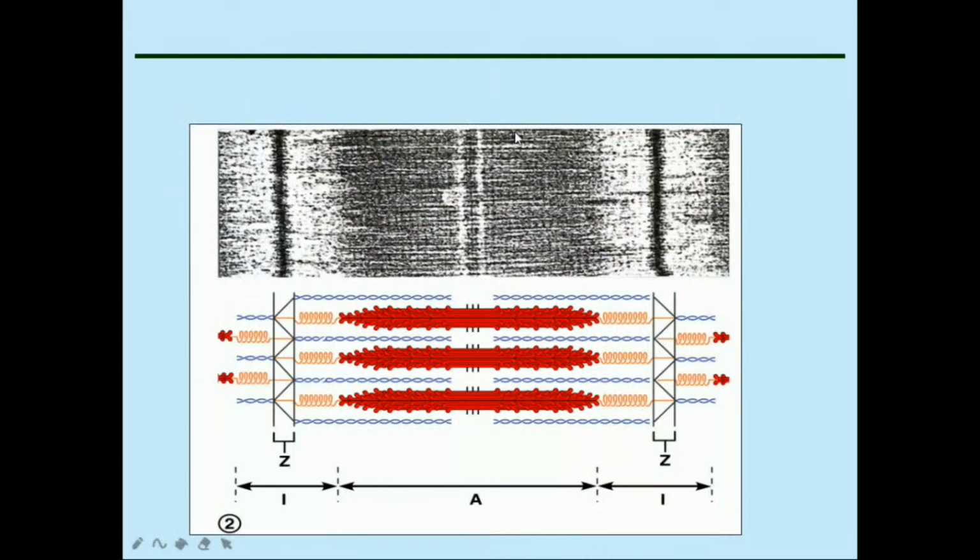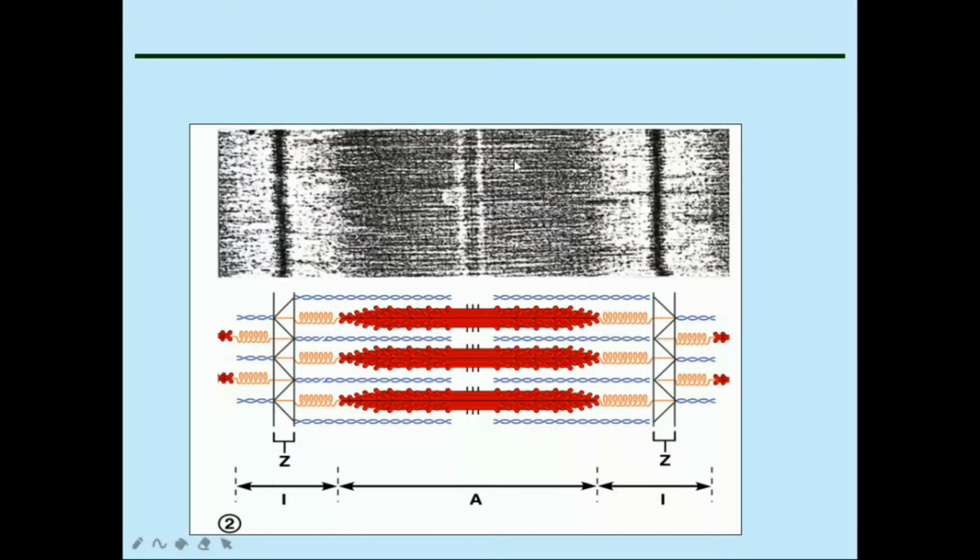So this central portion containing the myosin filaments and the interdigitating portion of the actin filaments, all this appears dark under the microscope. So here also you can see this is the central portion from this point to this point. This central portion of the sarcomere contains the thick myosin filaments plus the interdigitating portion of thin filaments.